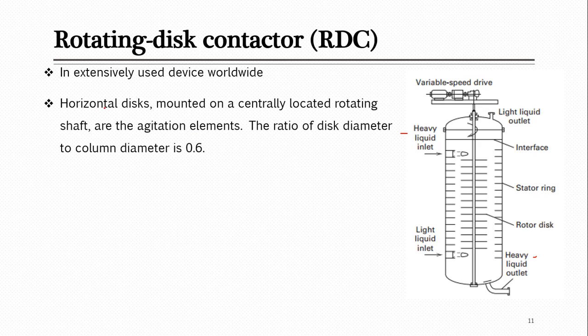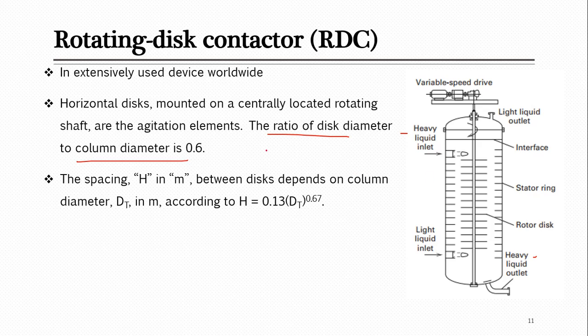The horizontal discs mounted on the rotating shaft have a specific diameter, and the ratio of disc diameter to column diameter is 0.6. So 60% of the column is covered by the rotating element, and 40% was left over, most of which we have covered with the stator rings. The spacing, how far apart they should be, is calculated with a formula based on experimentation.